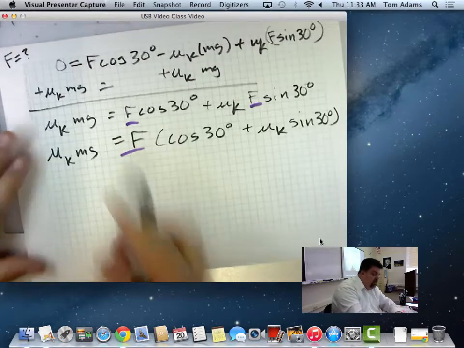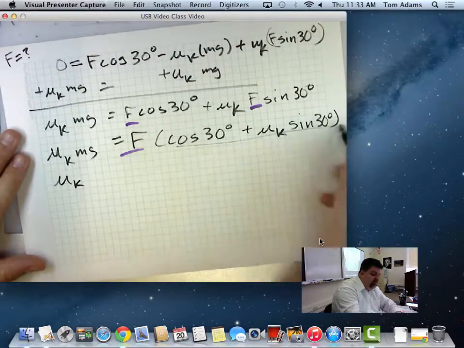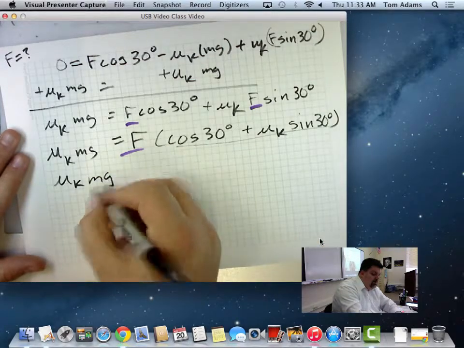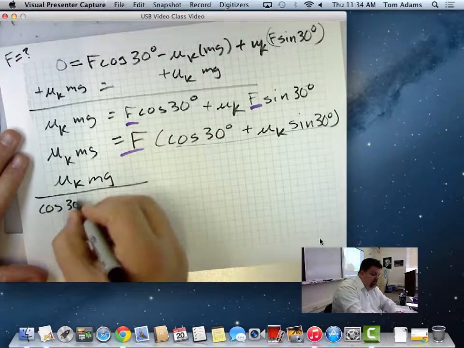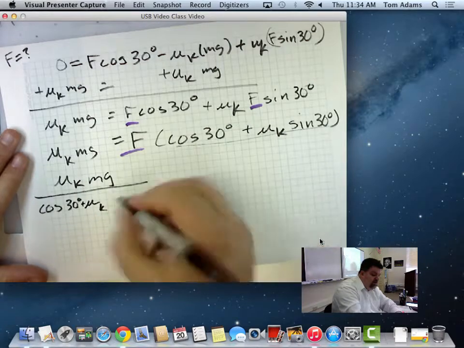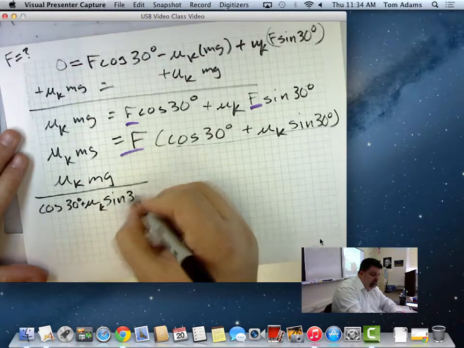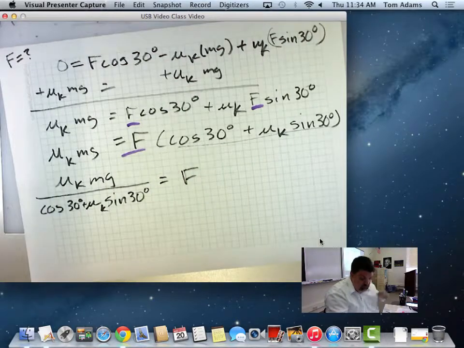So now what do I got to do to solve for F? Well, if I divide both sides by this stuff, I get mu k mg all over cosine of 30 plus mu sub k sine of 30. That equals my force.